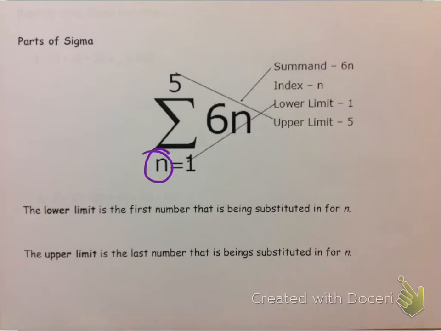Remember that this always has to match this. This tells you the lower limit, or the lower value for that index. So this is the first number you plug in, and you plug in all the way up to the upper. The summand is one you're very rarely going to hear us ever refer to. We're just going to say, the equation for the pattern, or we're just going to actually read the equation. I would say sum up 6n from 1 to 5.